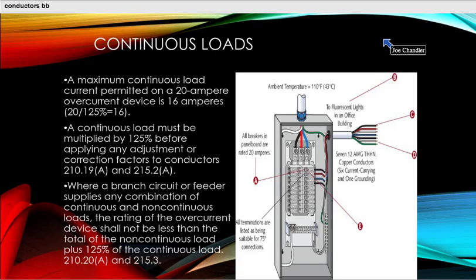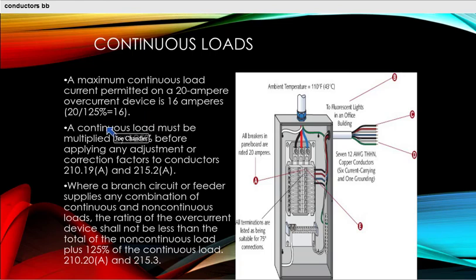It'll tell us that whenever we size a conductor and whenever we size an overcurrent protection device also, meaning a breaker or a fuse, it will be based on the non-continuous load at 100%, meaning just whatever that number is. If it's 10 amps, then it's 10 amps, meaning it's not going to last for 3 hours or greater. So we just use that number. But then it'll tell us to take the continuous load times 125%.